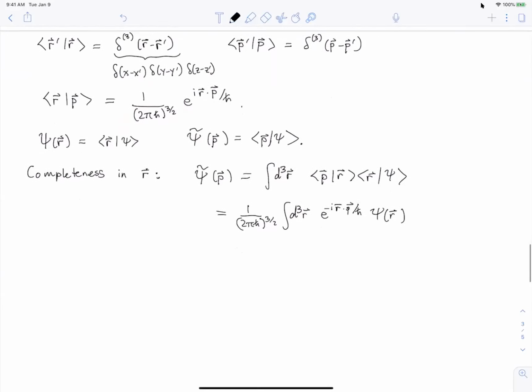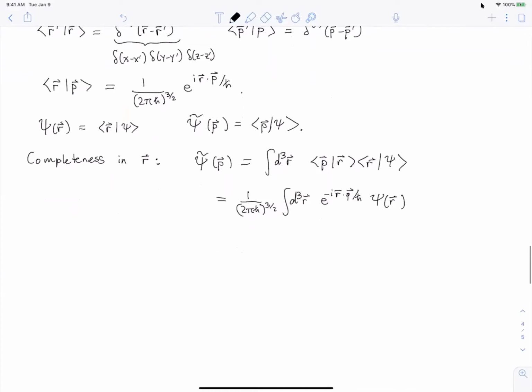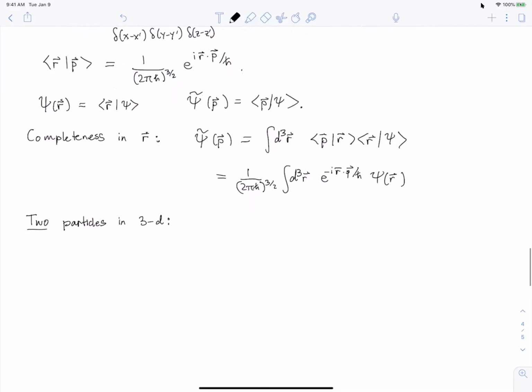Okay, but now let's bump it up a notch and suppose that we have not one particle in 3 dimensions, but 2 particles in 3 dimensions. And later we'll generalize to the case of n particles in 3 dimensions. Okay, and how are we going to describe them?